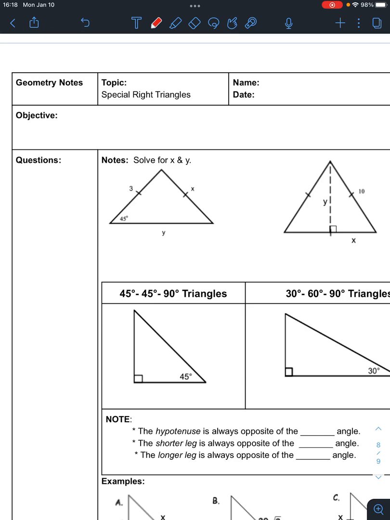What happens is if you have two triangles that are 30-60-90 triangles, or 45-45-90 triangles, then they're going to be similar to each other. The cool thing is that they always have the same ratio. It doesn't matter how big or how small, they always have the same ratio.